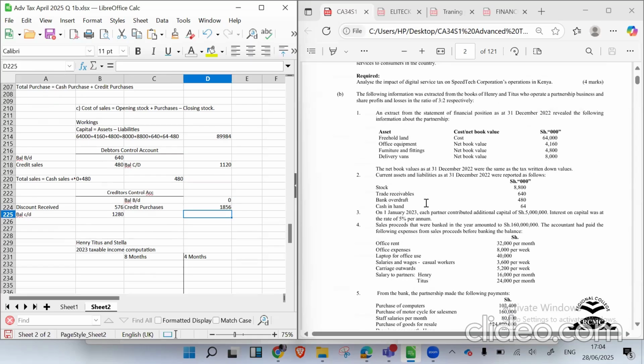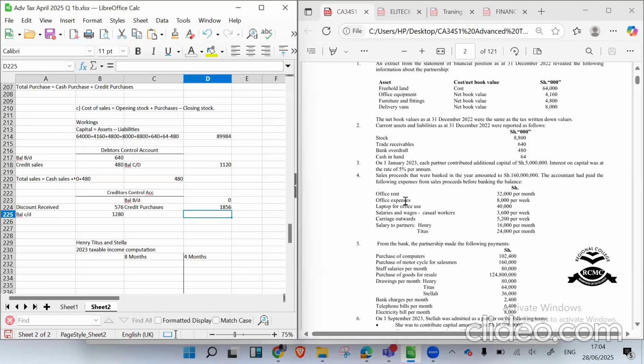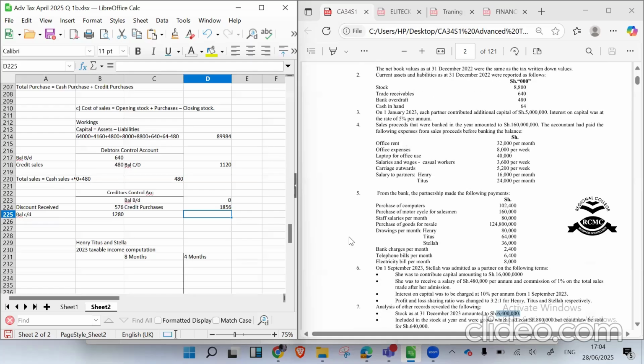Tunanyoroshwa. Kulikuwa na payments kwa note number 5. So kwa note number 5 tuko na payments za 124,800.